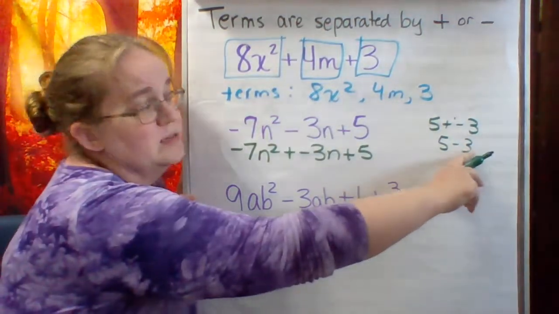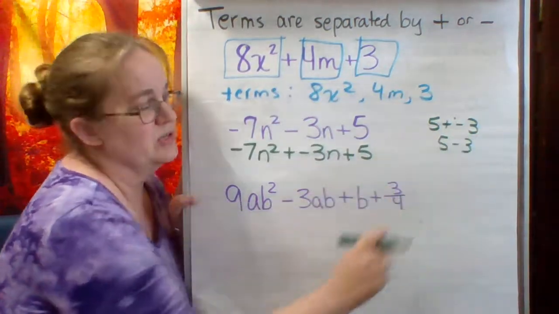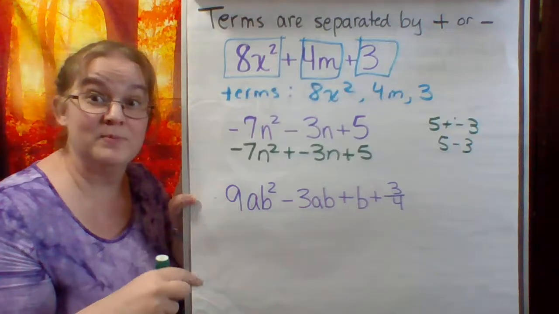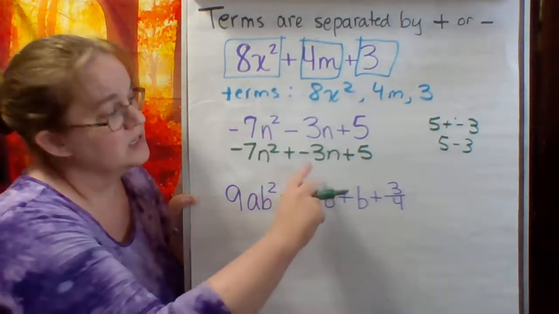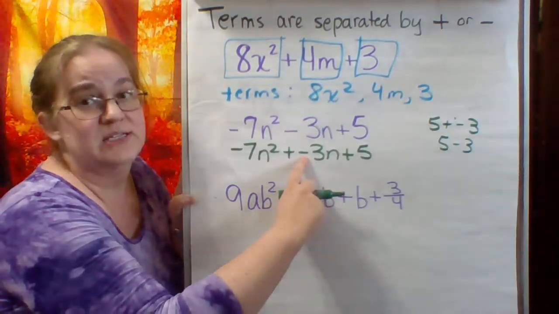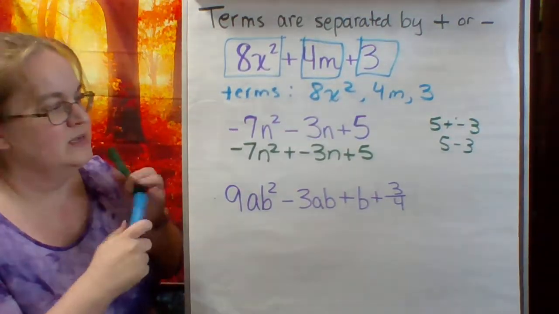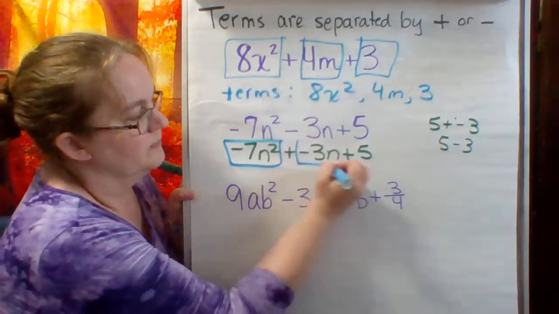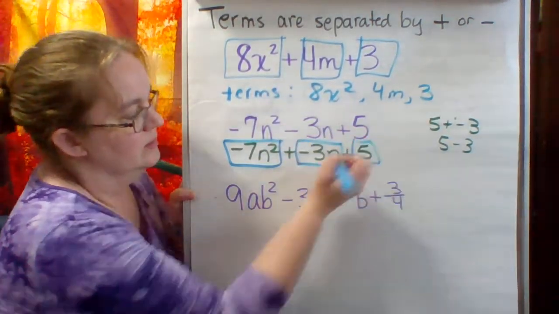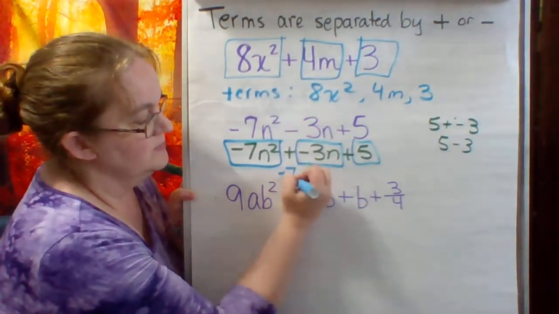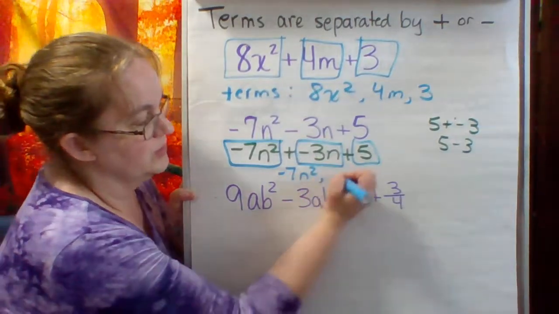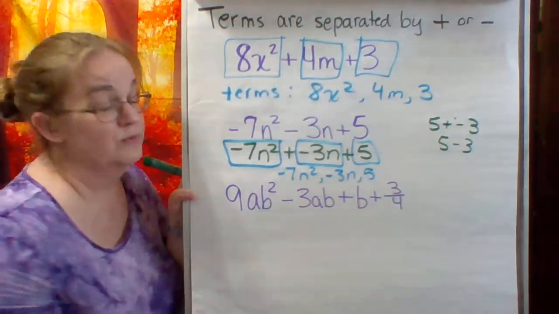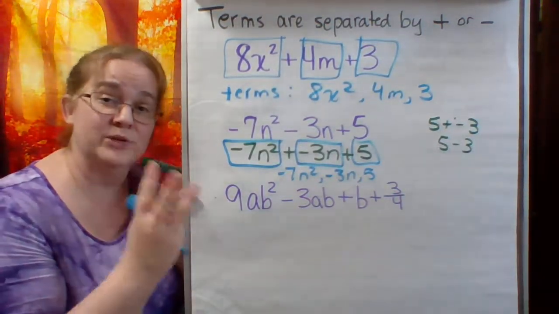So subtracting a positive number or adding a negative number gives me the same thing. And this way, you're not as likely to mess up on identifying the terms because this has to be counted as negative 3n. Okay? So the terms for this one are negative 7n squared, which is 1, negative 3n, which is 2, and 5, which is 3. So again, this one has 3 terms.